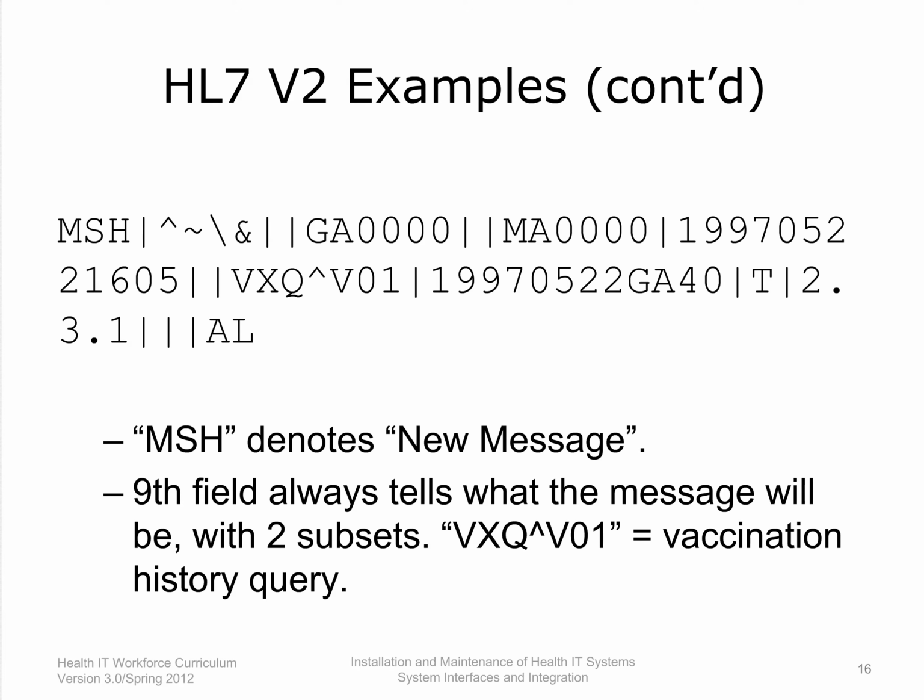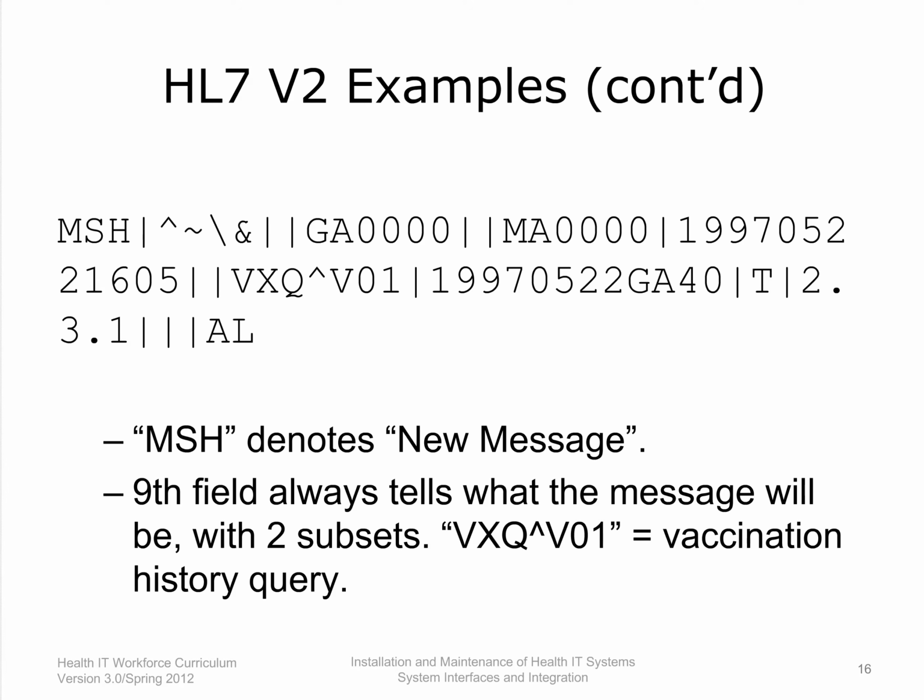Slide 16. In an HL7 version 2 message, every new message starts with the 3-letter acronym MSH, so we know this is the first line of a message. There are 14 pipes, which indicates 15 fields overall.